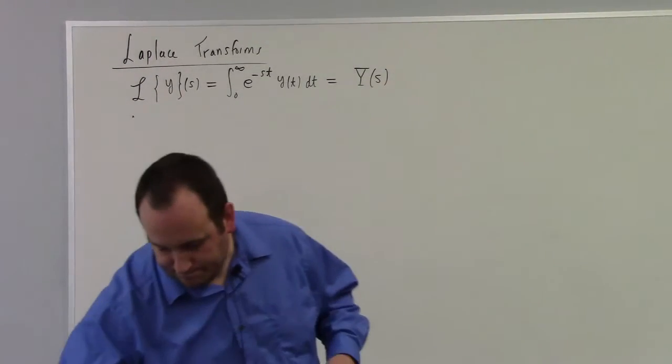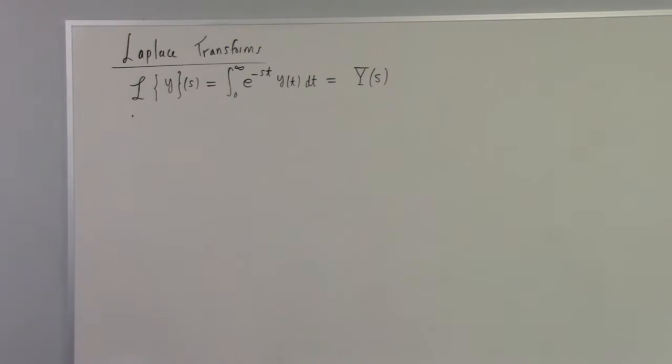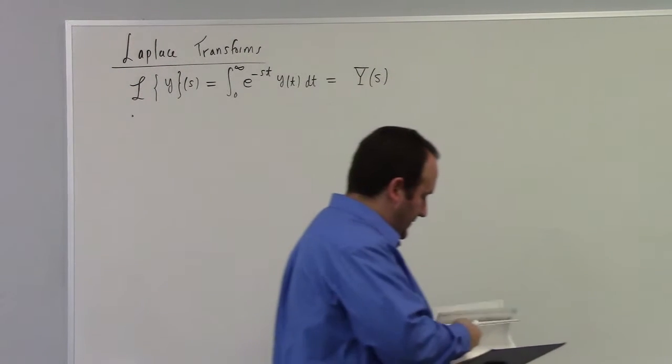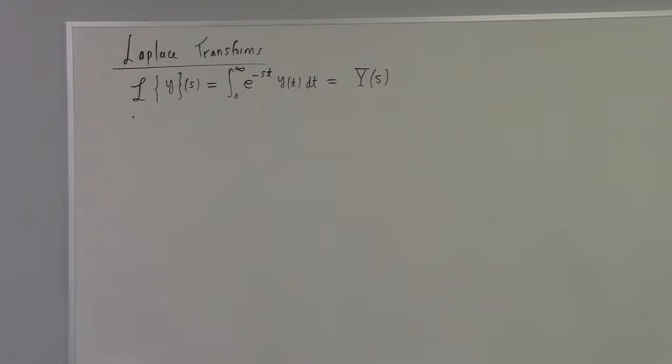What is that? Oh, let me steal your book for a second so I don't butcher this. Definition: what is exponential order alpha? Don't let me down, index. Exponential order alpha, page 357.